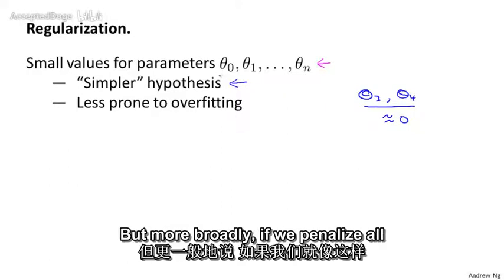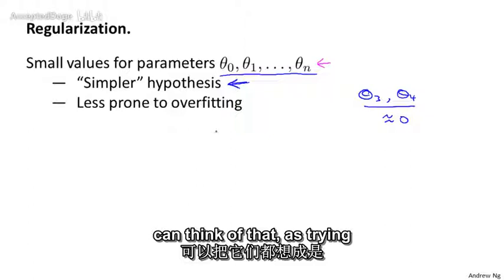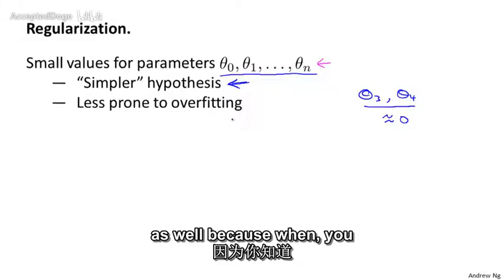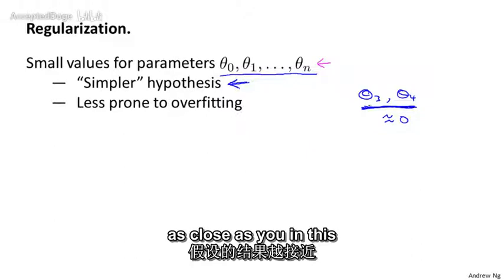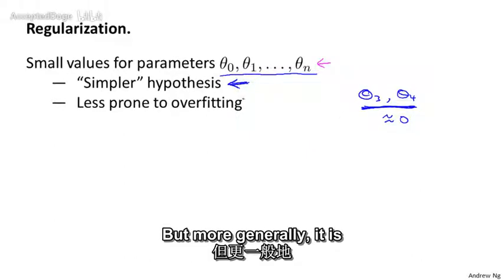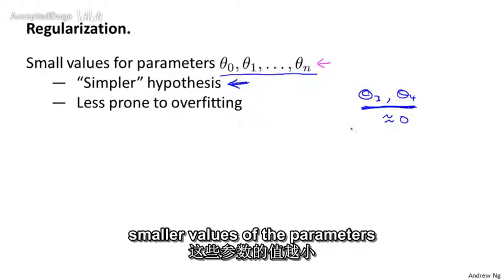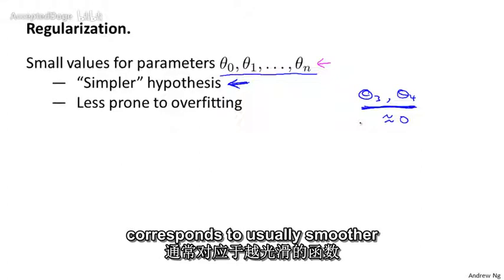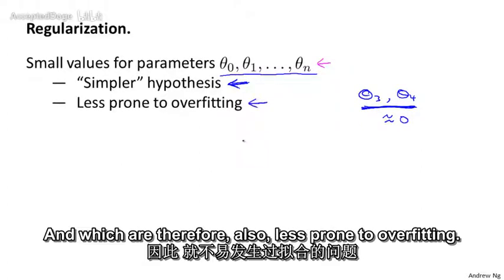But more broadly, if we penalize all the parameters, we can think of that as trying to give us a simpler hypothesis as well, because when these parameters are close to 0, in this example, that gave us a quadratic function. More generally, it's possible to show that having smaller values of the parameters usually corresponds to smoother functions that are simpler, and which are therefore also less prone to overfitting.